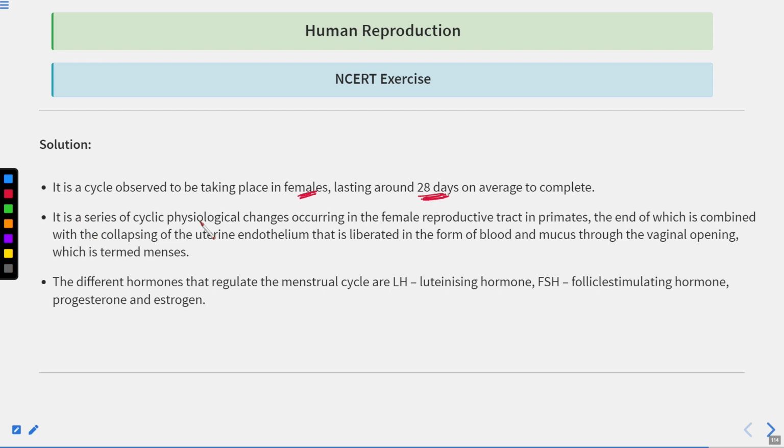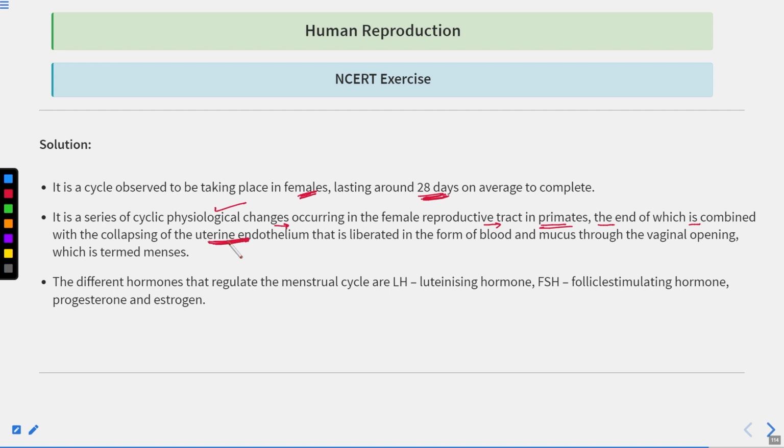Now it is a series of cyclic physiological changes occurring in the female reproductive tract in primates. So it occurs in female primates, and what happens? There are a lot of physiological and hormonal changes during the menstrual cycle. Now, the end of which is combined with the collapsing of the uterine endometrium.